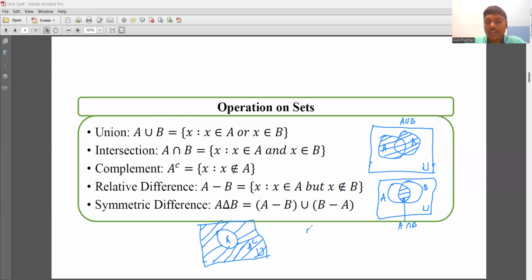Now, let us try to understand the relative difference. Say this is my universal set.